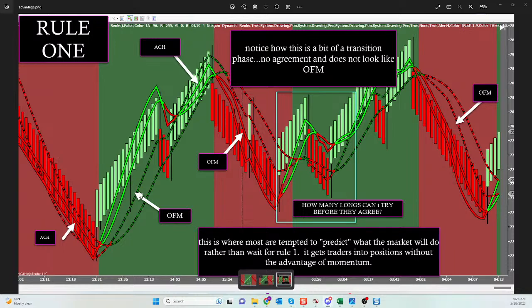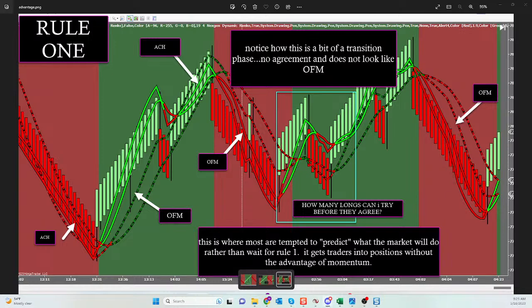It creates odds favorable momentum. There's that OFM. There's one of those tails, potential entry, and the market continues up. Anything can happen triggers. The market turns, creating odds favorable. The market continues down.